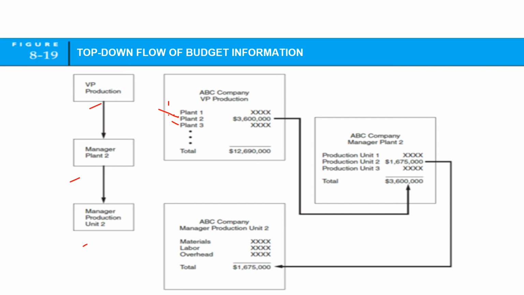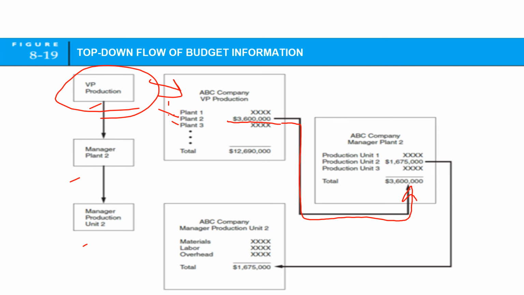At the top level we have the details of the budget. The total is 12,690,000, and for plant 2 we have an allocation of 3,600,000, which goes as a budget to the manager of plant 2.